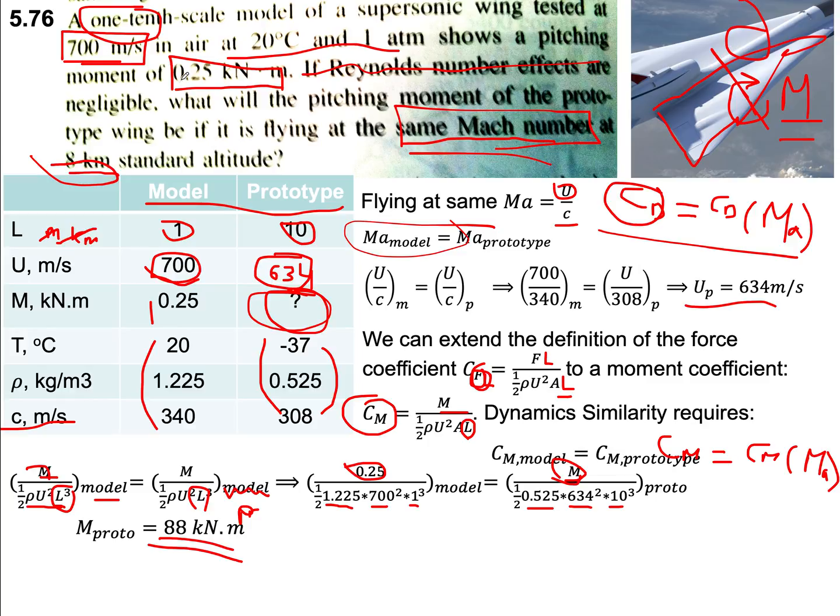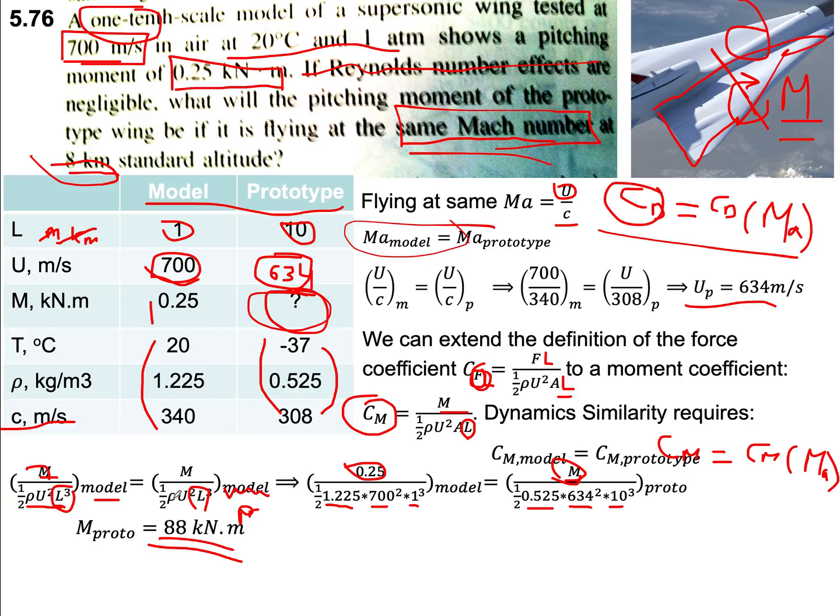So you see, it's not a scale of 10. If you started this problem by saying, well, if it's a 10-to-1 model, then I have 0.25 kilonewton meter on my toy model, I should expect 2.5 kilonewton meter on the actual prototype.